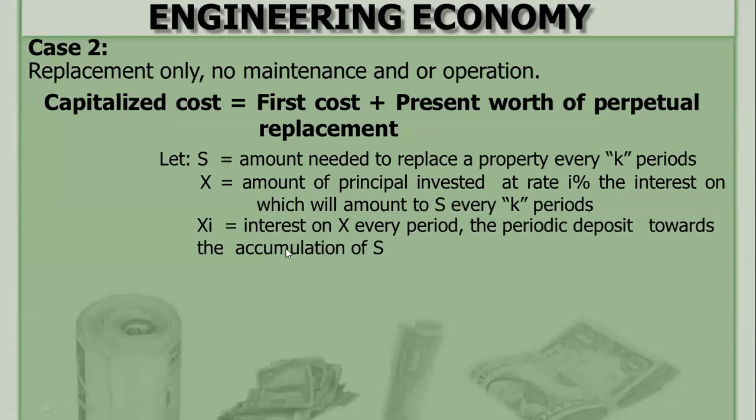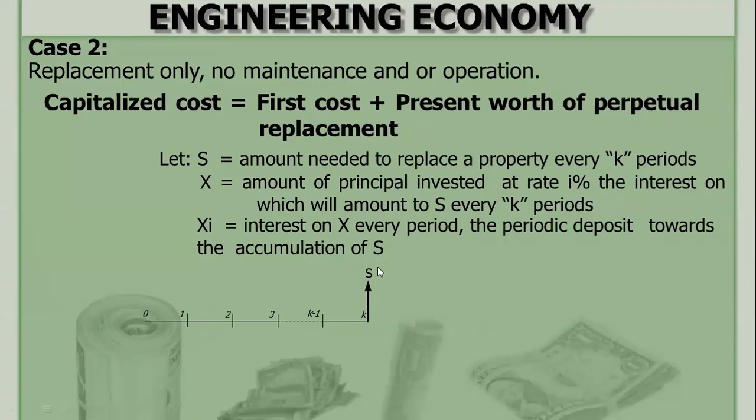So first is XI, the interest on X every period. The periodic payment towards the accumulation of F. Future worth of XI is equal to S. So for K periods, this is the amount needed to replace a property.